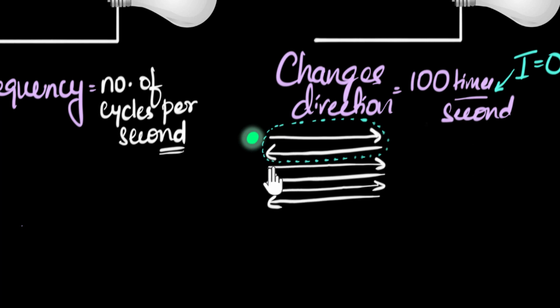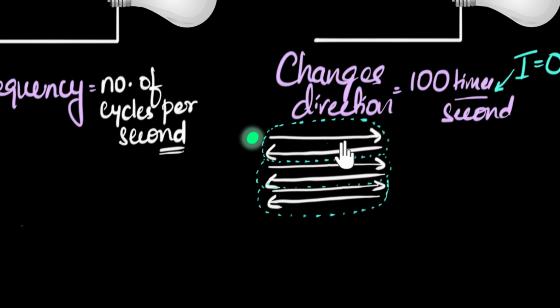And after this, the next cycle begins. Once the electron comes back and changes its direction, that cycle ends and the next cycle begins. So this is cycle number 2, and then this is cycle number 3. And the frequency basically represents how many cycles this electron goes through every second.